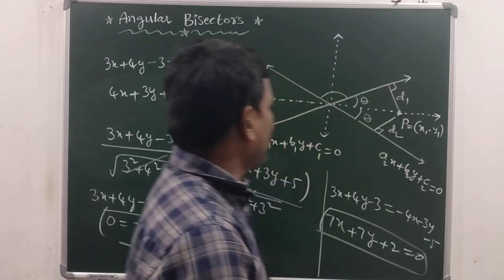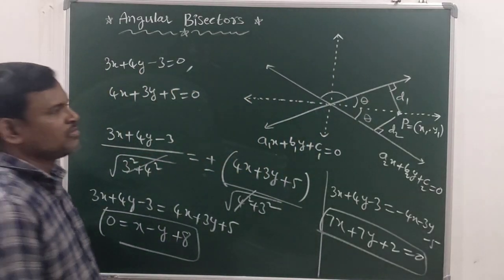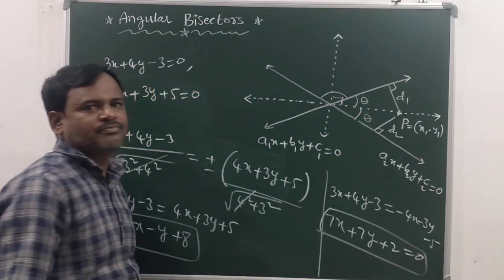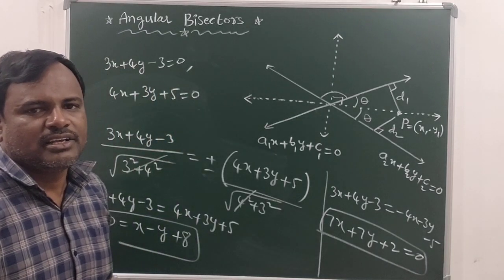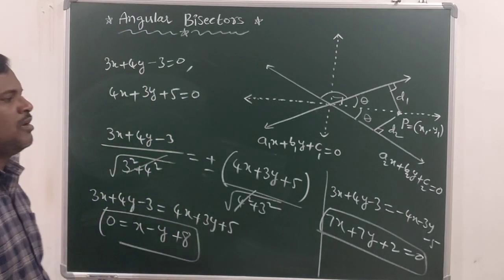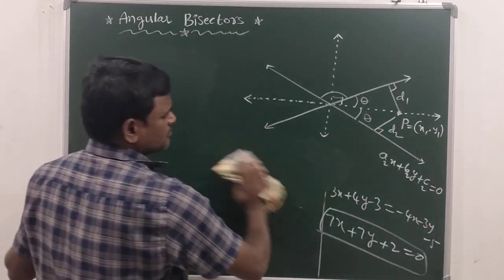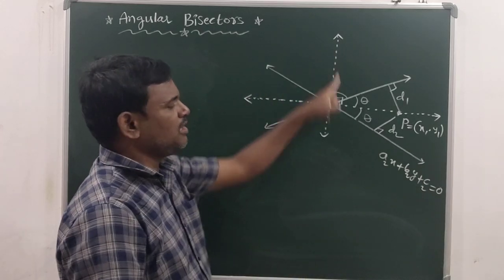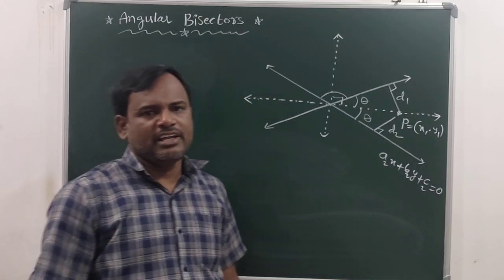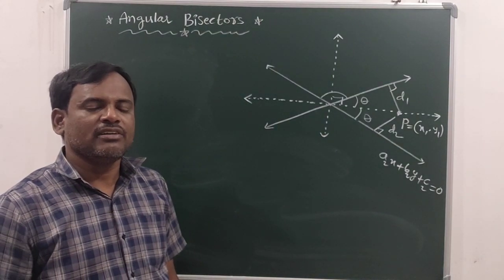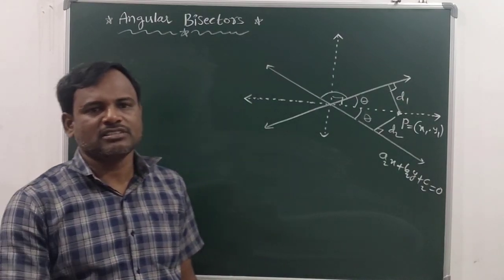Okay students, and observe that the angle between the angular bisectors is always 90 degrees. Remember that point. These angular bisectors are equally inclined with the two given lines, and even these two given lines are also equally inclined with the angular bisectors of those two lines.